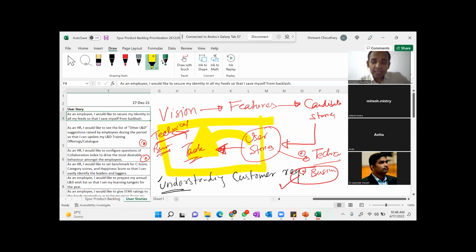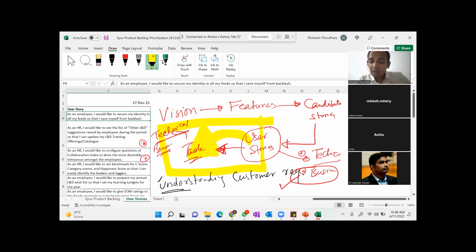So if I relate this to the vision, values and principles, user stories must be written by the team in order to create a shared vision about the project or the product. That is why the team needs to write it.